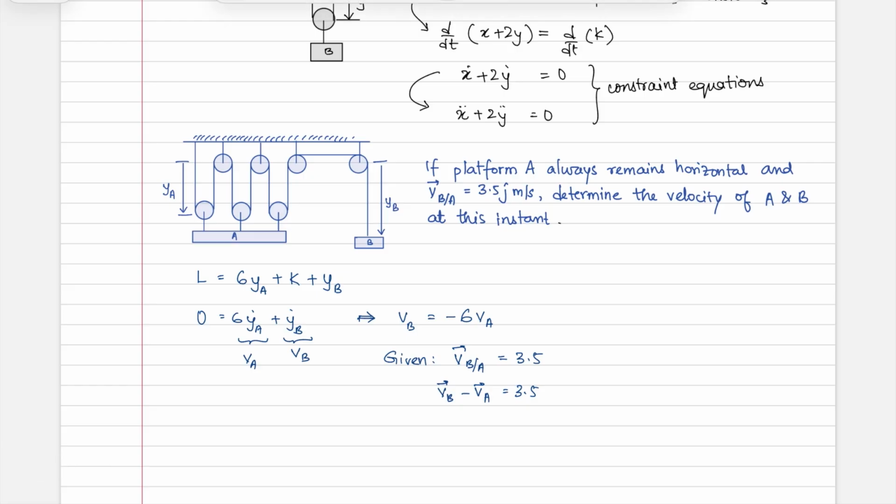So in this case, if I were to now write down velocity of B, this would be minus 6 times velocity of A. So minus 7 velocity of A is equal to 3.5.